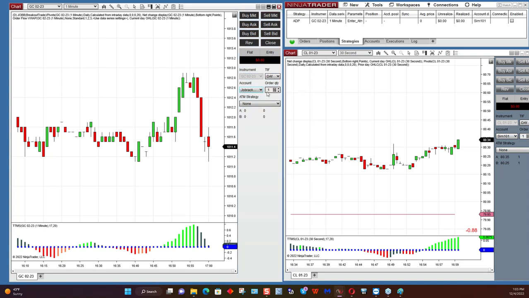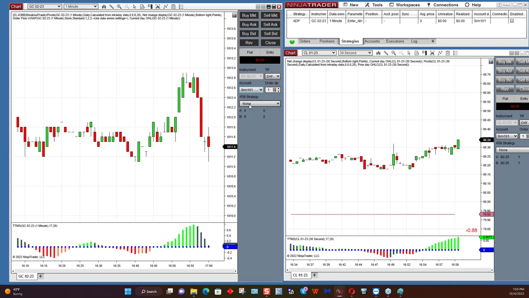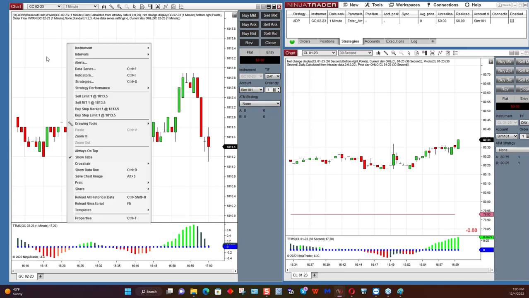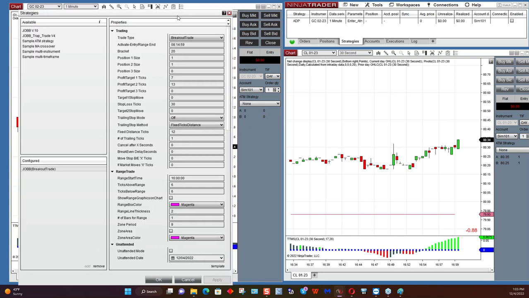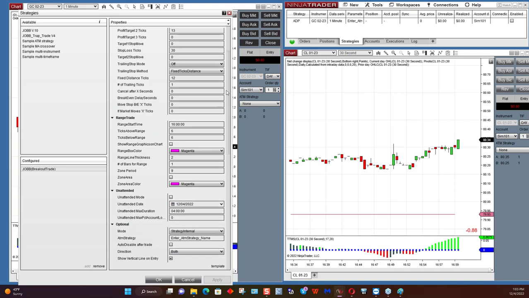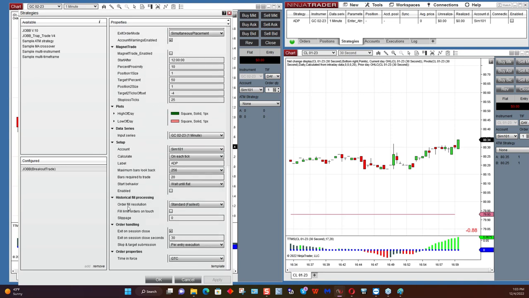If you right click the chart, you can also see similar information inside our strategy. The account is the SIM account, okay? Or you could make sure the strategy's trading on this account, okay? It doesn't change the charts. It just tells the software to trade on that account, okay?